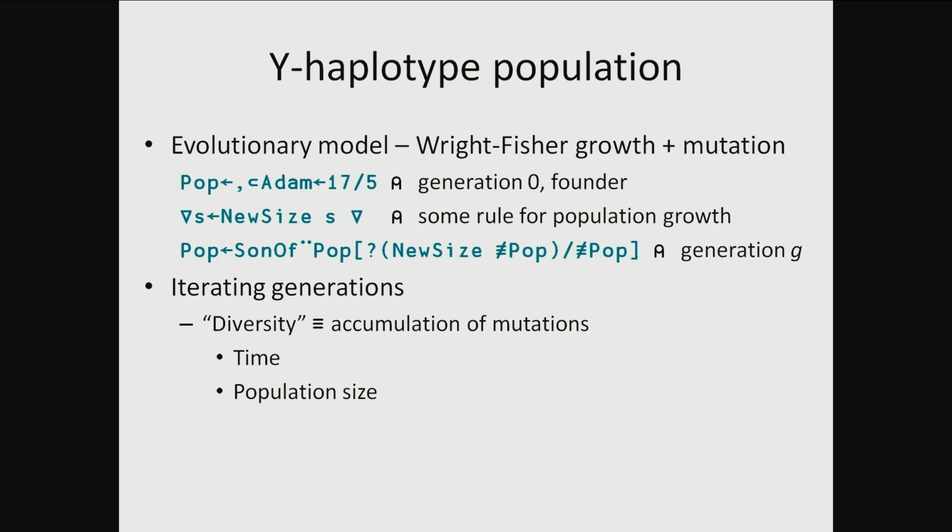And that's the model of the new population. It's easy to see by, for example, simulations that diversity comes about as a result of accumulating mutations, and you get diversity accumulating over time and according to population size.